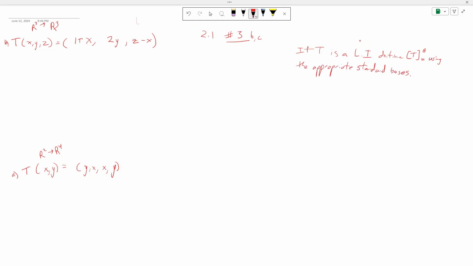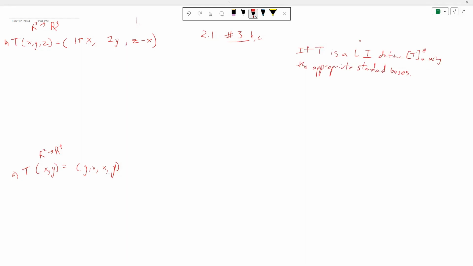Meaning that for this expression here, the standard basis would be E1, E2, and this would be E1, E2, E3, E4. And we're just creating the matrix representation. Here it'd be E1, E2, E3.